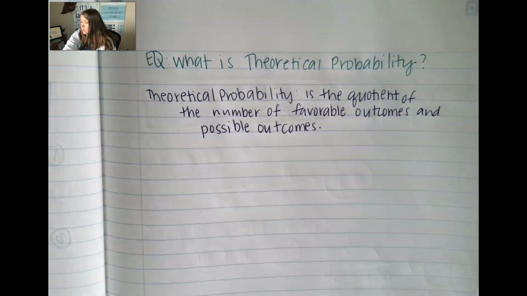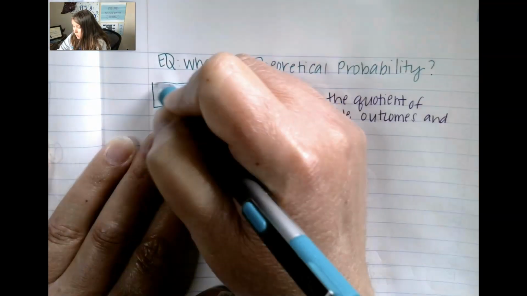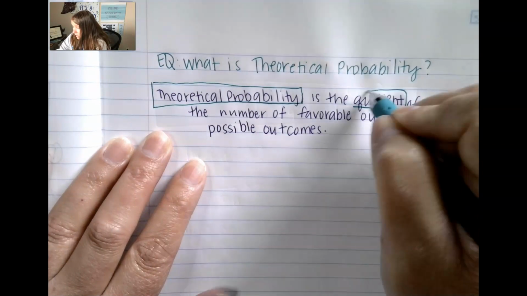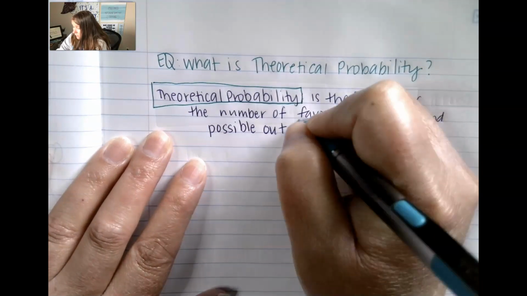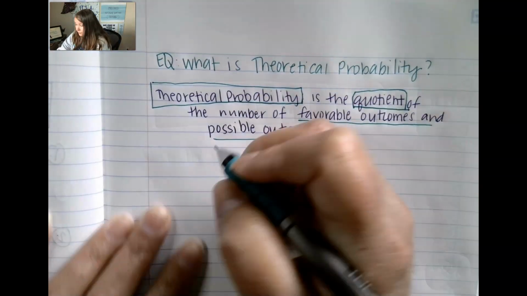Okay, so theoretical probability, the biggest thing here is quotient. So we're going to make a fraction and then we're going to use it to divide favorable outcomes and possible outcomes.